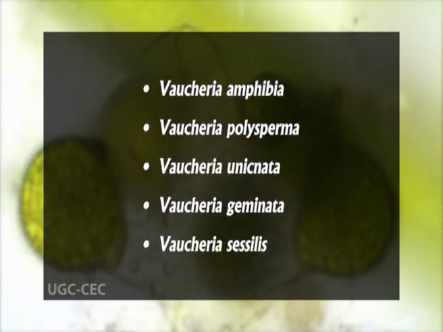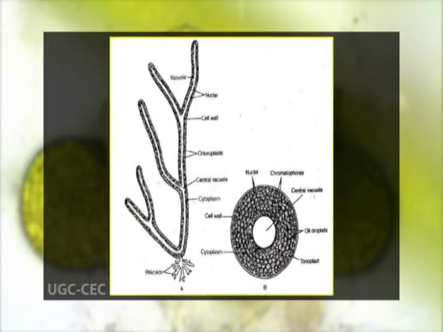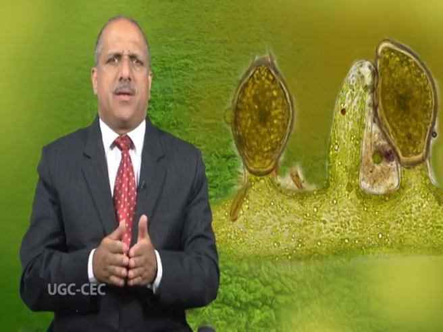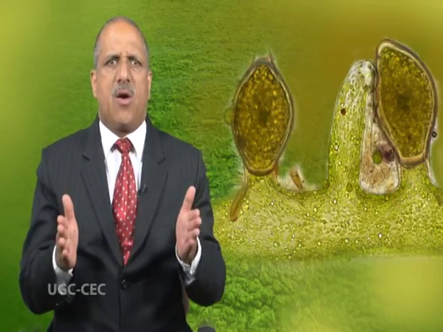So far as thallus structure is concerned, Vaucheria is yellowish-green filamentous alga having aseptate and multinucleated, that is coenocytic thallus with profuse branches. It is similar to fungi. The filaments show apical growth and attain a length of several centimeters.